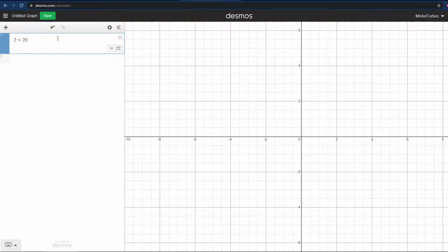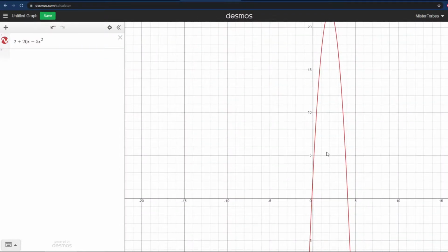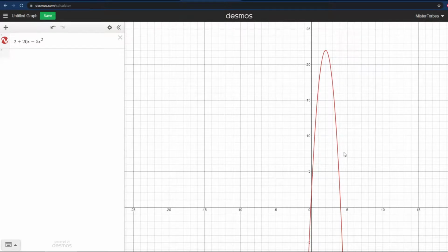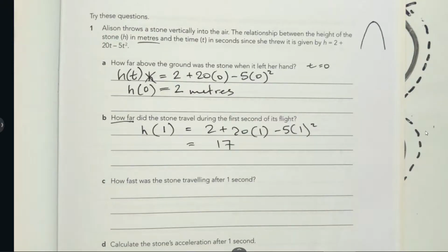Plus 20x minus 5x squared. What the heck, Alison? Is that 17 meters? I want to go outside and throw a stone up in the air. Okay, anyway, it looks legit. After 1 second, here's the stone, 17 meters in the air. Crazy. Oh, shot, Alison.